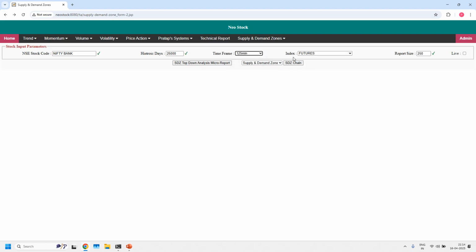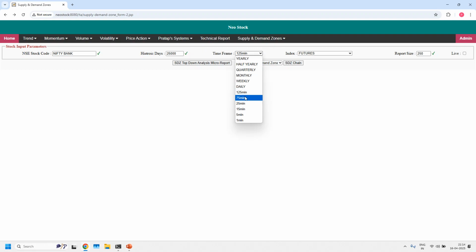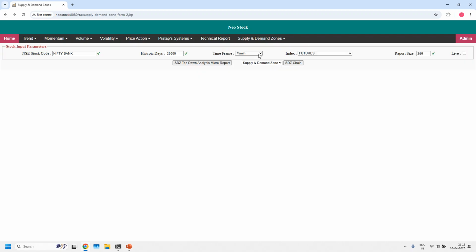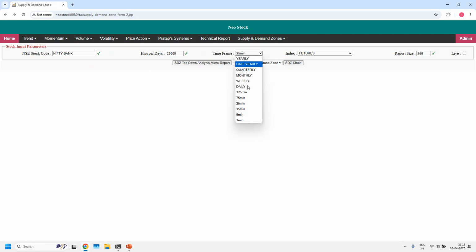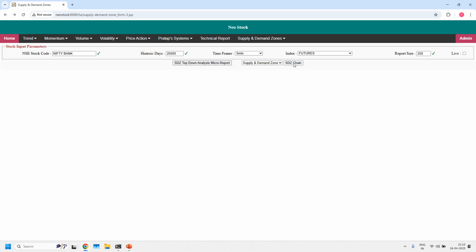Next, 125 minutes, then 75 minute, 25 minute, 15 minutes, and finally the 5 minute supply demand zone chain for Bank Nifty.